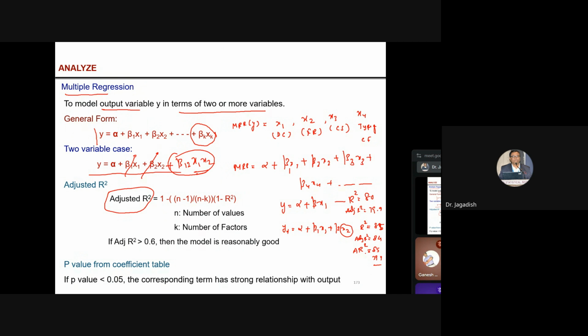But if it is an irrelevant factor you are adding into the model, then that information will be indicated by the parameter called adjusted R square. If the parameter you added in the model is a value-added parameter, then the adjusted R square will definitely increase as R square increases. Otherwise, adjusted R square will not increase; it will remain the same as the previous one.